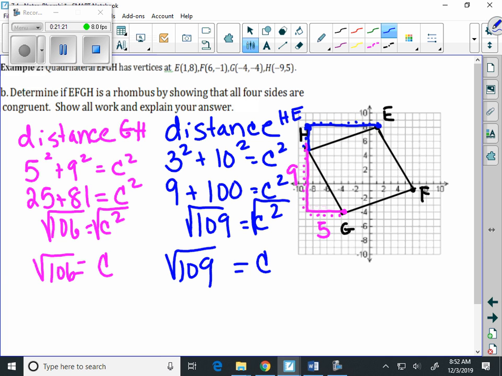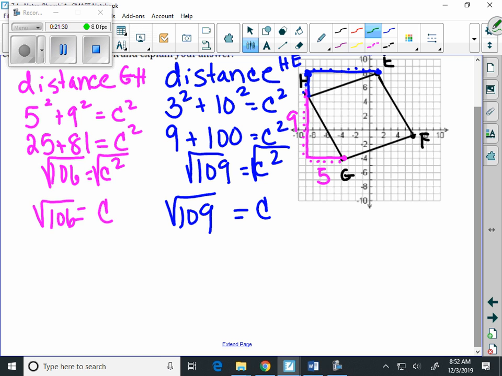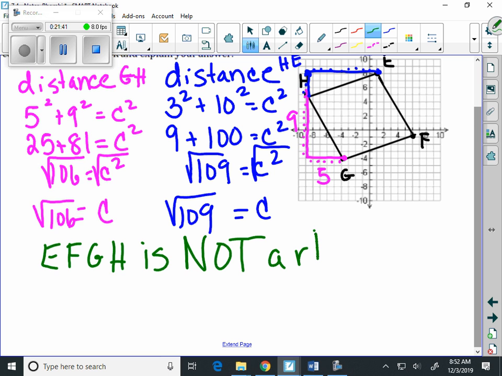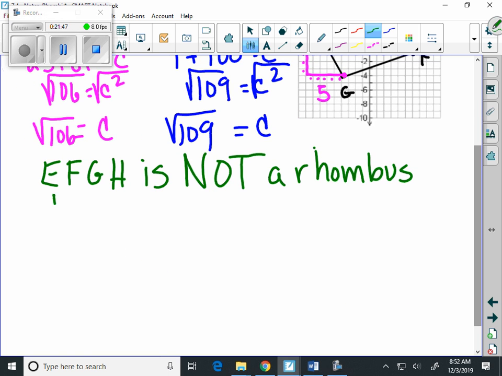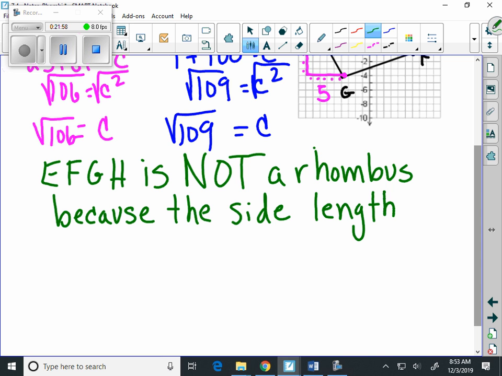And the nice thing about this one is we don't need to do any more calculations, because what we see is that this figure, EFGH, is not a rhombus, because the side lengths are not congruent.